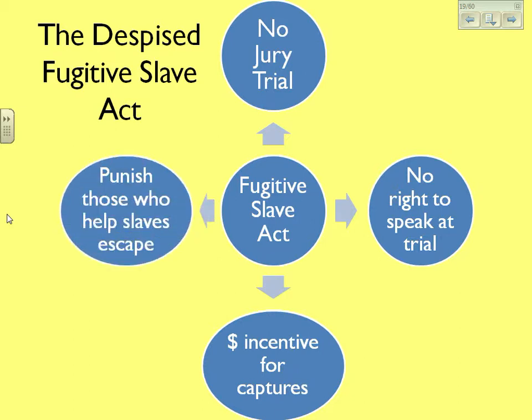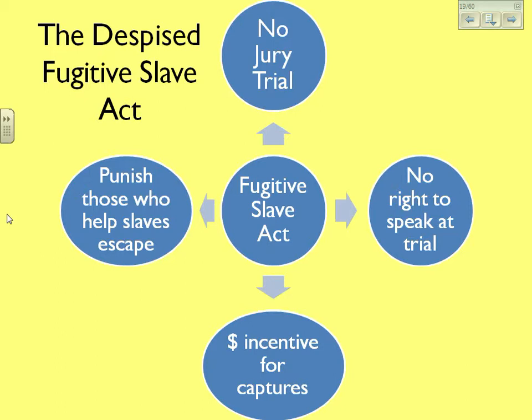And there's punishment for anybody who helps slaves escape, any abolitionists or others who help hide slaves, or give them shelter, food, or any assistance. You yourself could be punished for that. The federal government is going to enforce this, and the Southern states will make sure it is enforced.